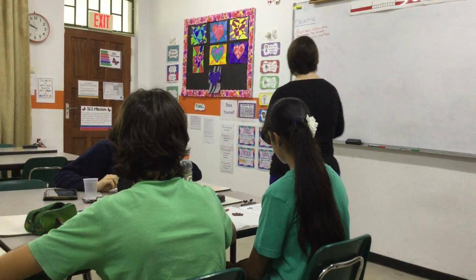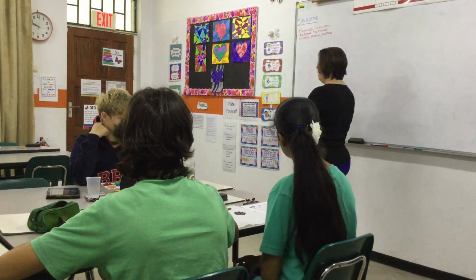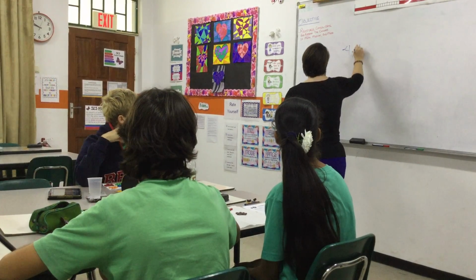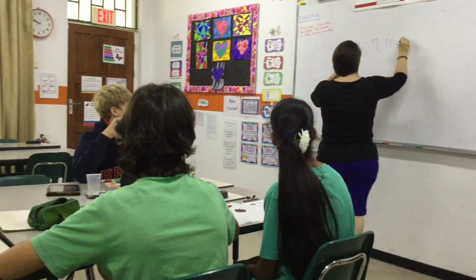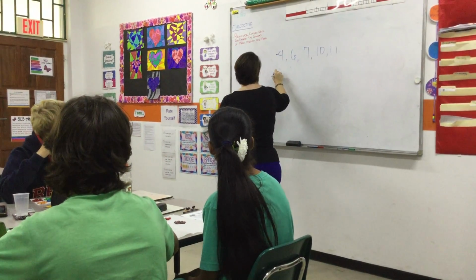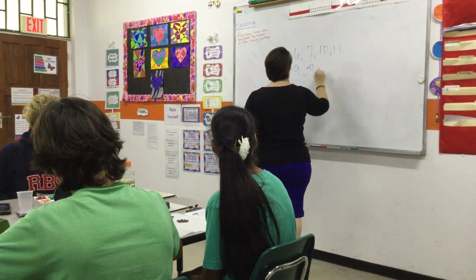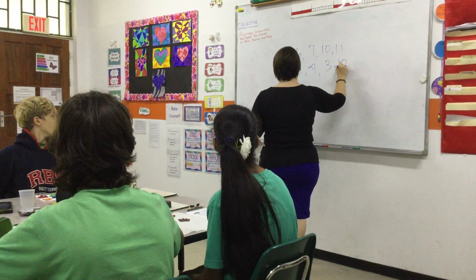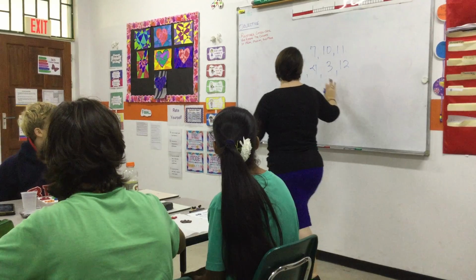So if mine was 4 and 6 and 7 and 10 and 11 and so on, and then Celine's was 8 and 9 and 4 and 3 and 12, I'm going to do both of them, starting from least to greatest.